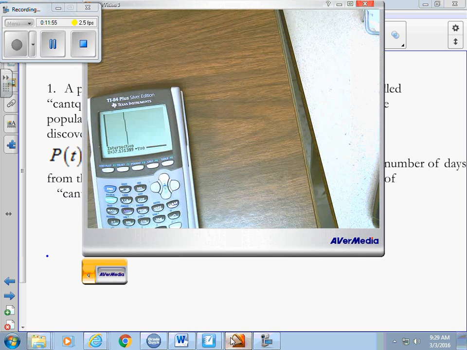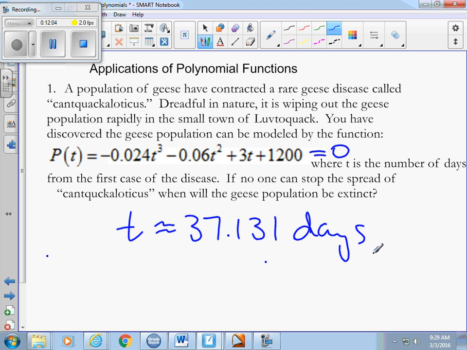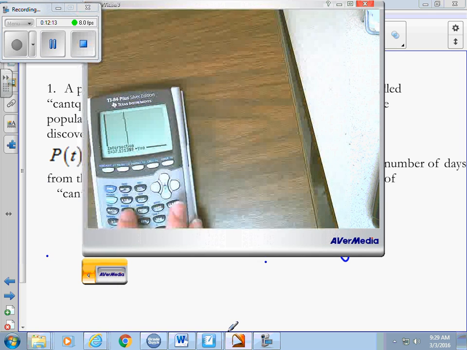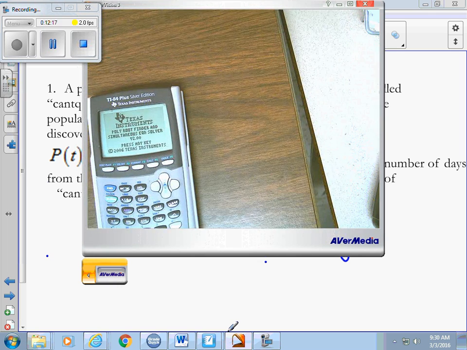Now I want to show you another way to work this. It's a little more efficient. Any questions about how I got it that way? The other option is to go to apps, PlySmlt, and use the polynomial root finder.